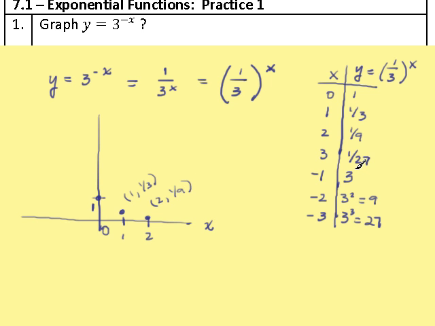Now let's put in -1 here, and we have 3 for the y value. I'm not going to do -2 because I would go off the page here. So we can imagine that this is going up pretty steeply on the left, and then it goes down, getting closer and closer to the x-axis, never touching the x-axis. So here we have a horizontal asymptote.